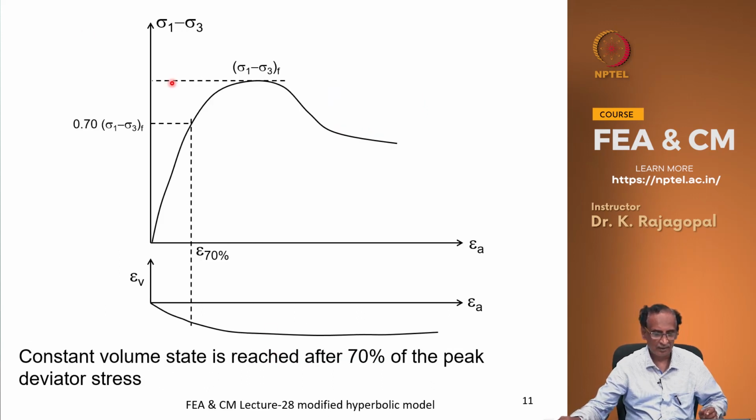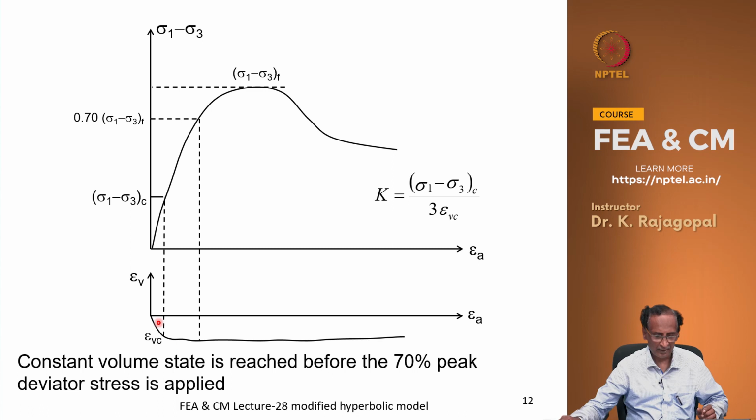In general, our bulk modulus is represented as the ratio of this divided by 3 to the volumetric strain at 70% of the peak stress. Sometimes the constant volume state is reached at a very large strain level, but sometimes at very low axial strains itself we might reach the constant volume state.